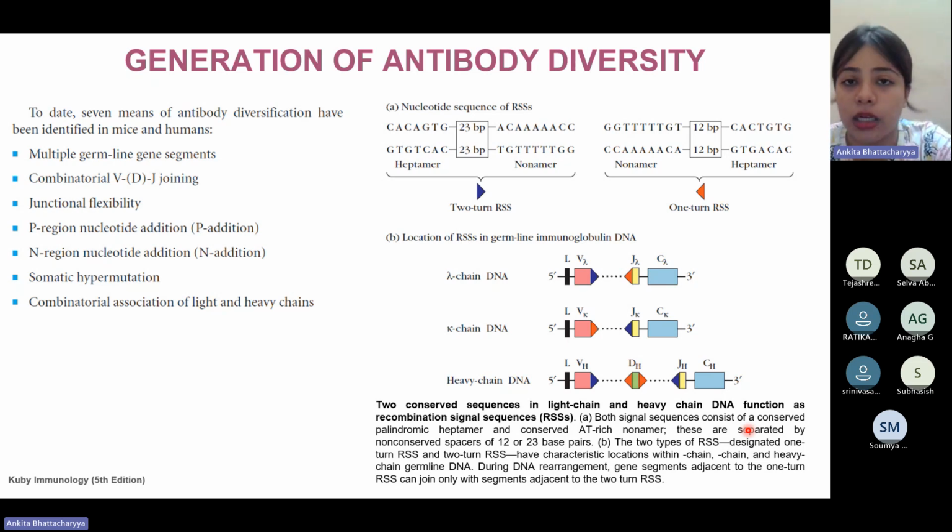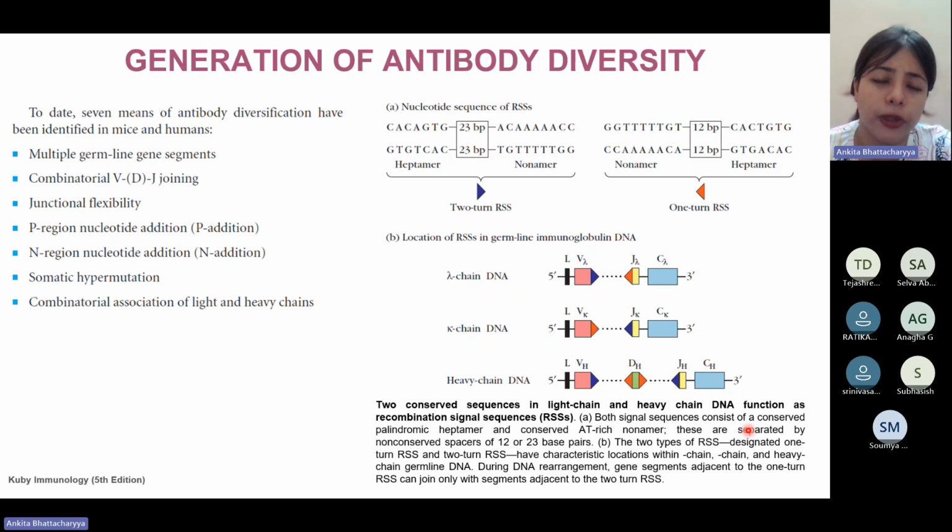So yeah. Now, what we look at here is the way in which this P and N nucleotide addition is actually brought about. So what you see here is a representation of some sequences or some consensus or some signal sequences. Let's just call it that. Some signal sequences that are present in this immunoglobulin DNA.